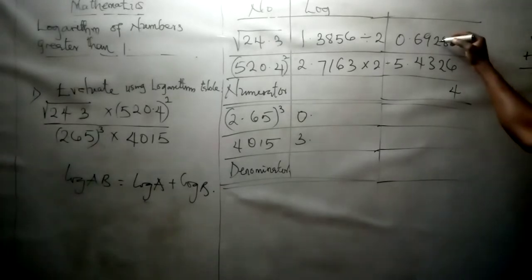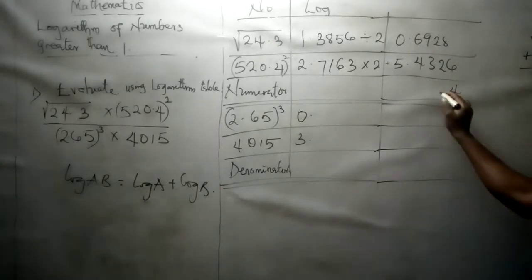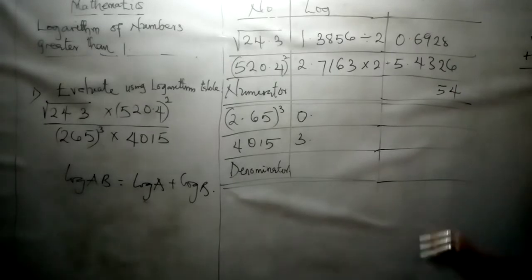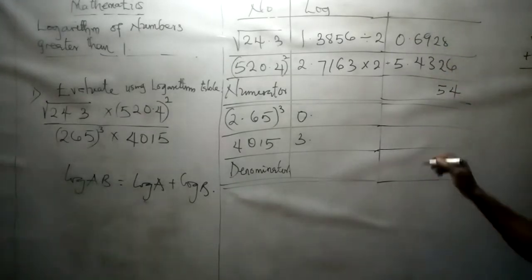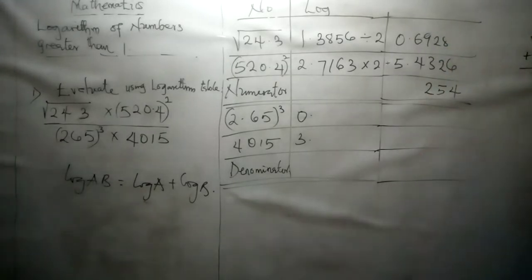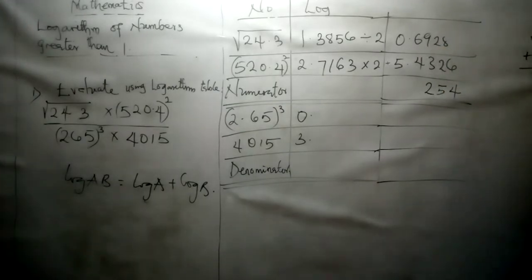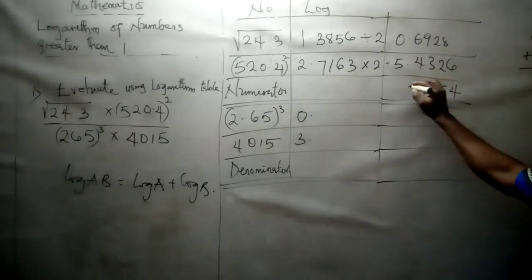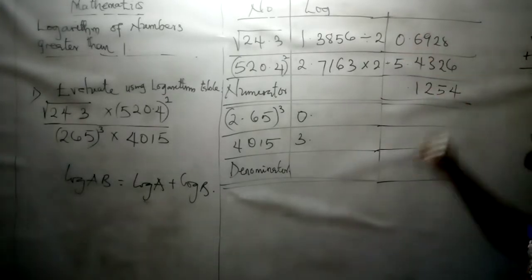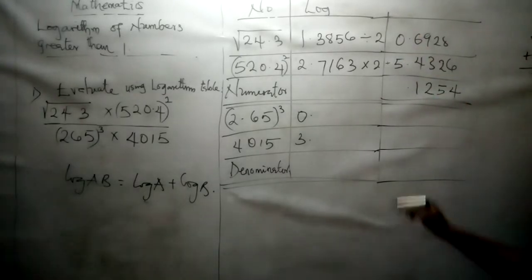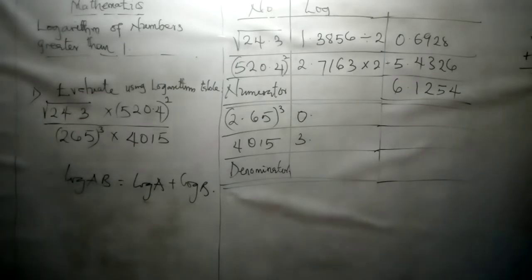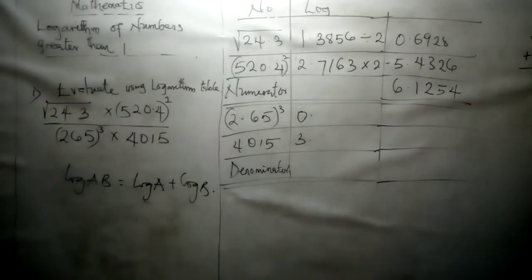Carry 1. 2 plus 2 gives 4, plus 1, we have 5. 9 plus 3 gives 12, we write 2 and carry 1. 6 plus 4 gives 10, plus that one we have 11. 0 plus 5 gives 5, plus 1 we have 6. So 6.1254 gives the numerator.